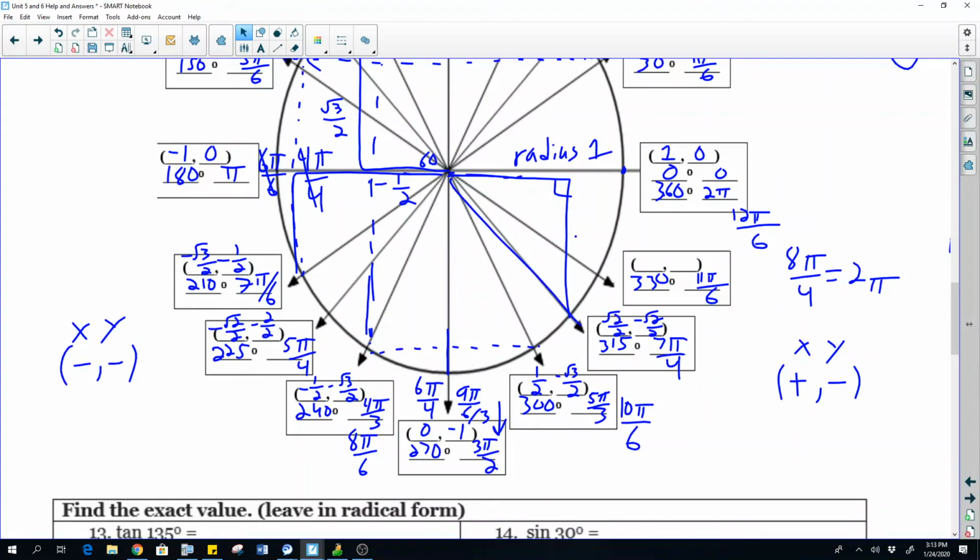It's negative in this direction, positive in this direction for x and y. Awesome. And last but not least, this will be over positive radical 3 over 2, and then down negative a half. And there you have it.